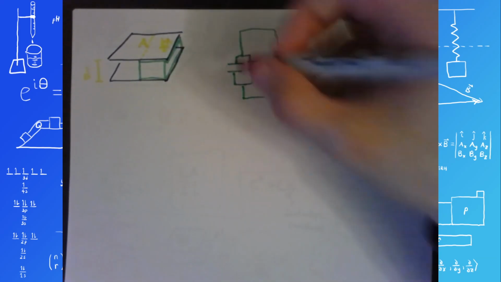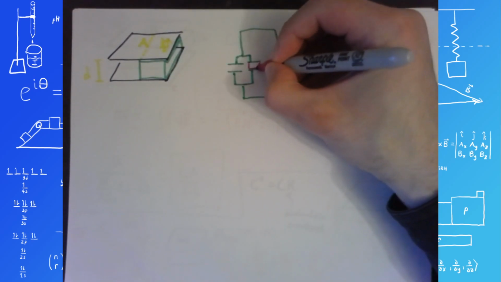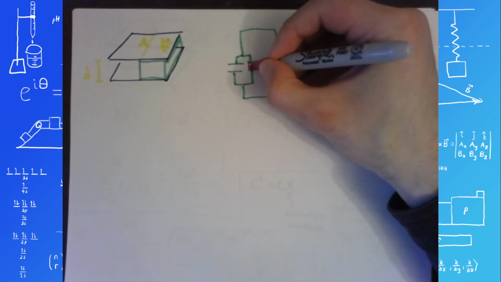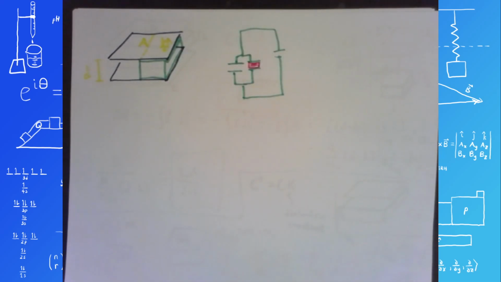I guess I should have stayed consistent with my colors, but oh well. This is your dielectric material filling up that space. Essentially, this is what we have going on.